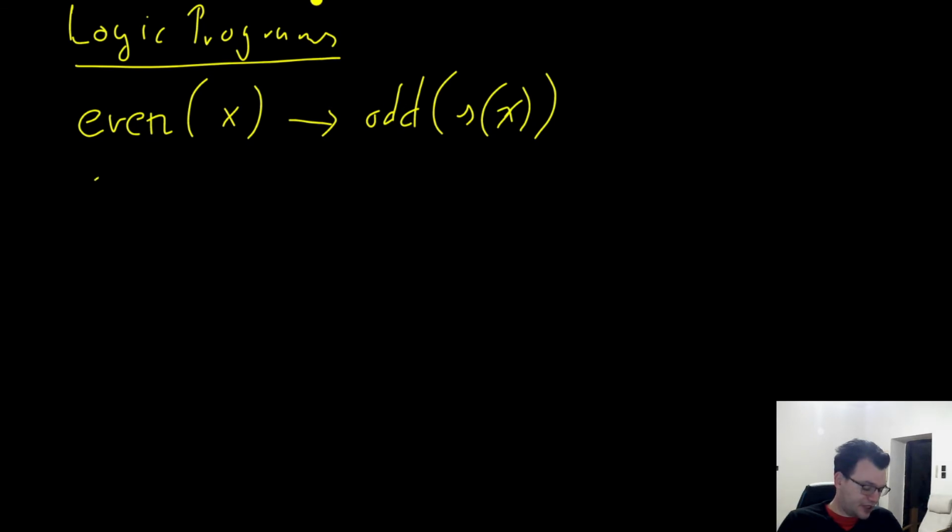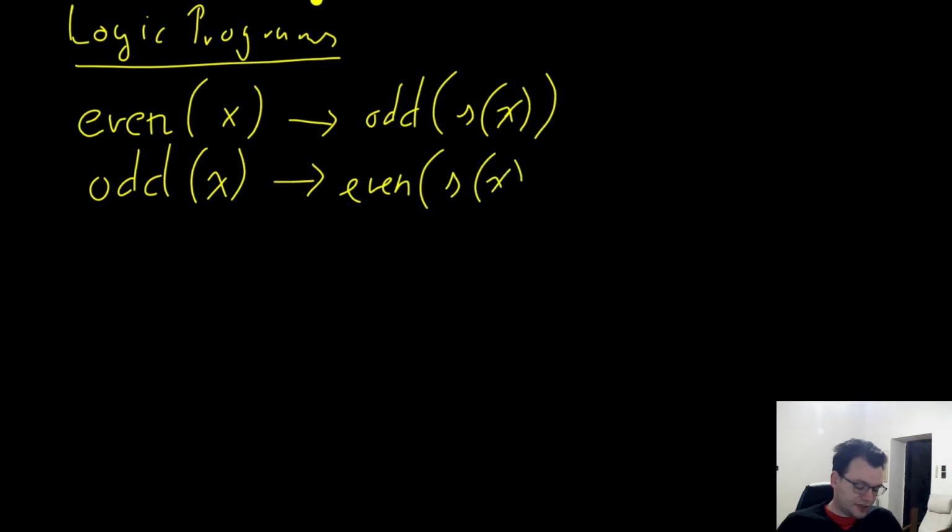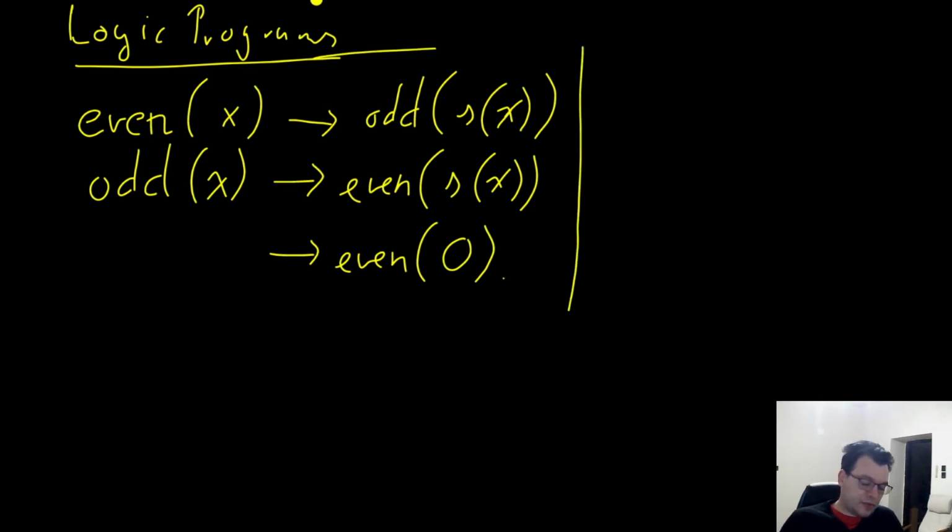The second one says that odd x implies even successor of x. And then the last one says that, say, 0 is even.